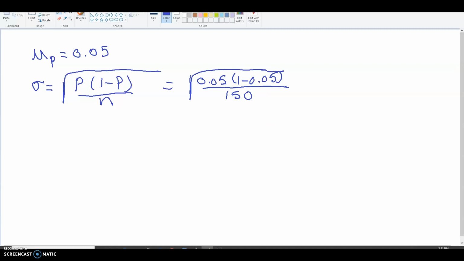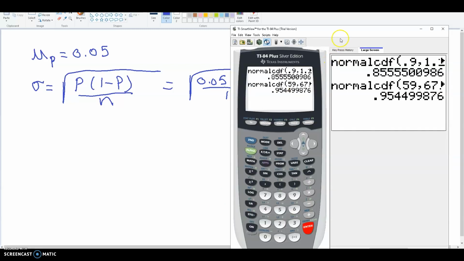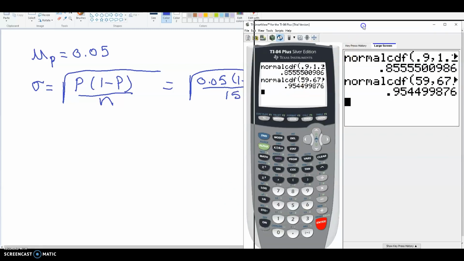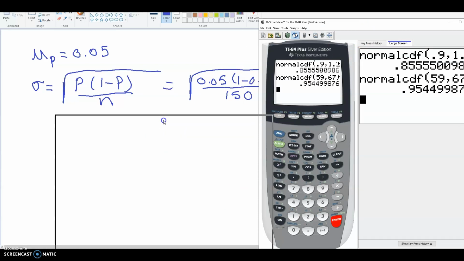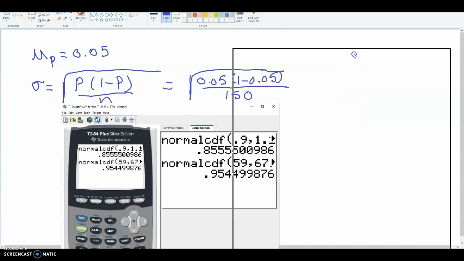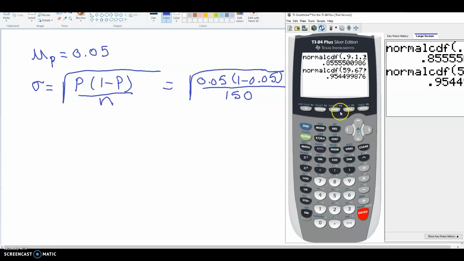So if we go to our calculator, we can type this in. The square root of, and I'm going to use parentheses for the numerator, 0.05 times 1 minus 0.05, close parentheses for the numerator, divided by 150.